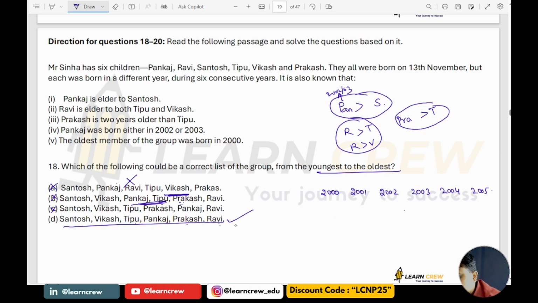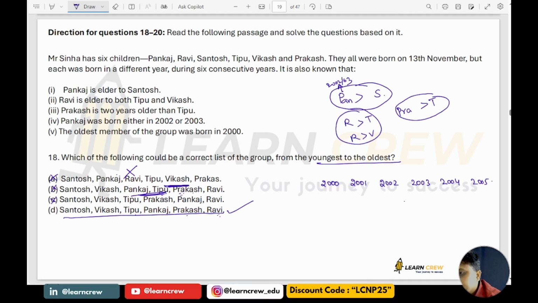Youngest to eldest: youngest is Santosh and eldest is Ravi. So options A, B, C cannot be the answer. Pankaj is elder than Santosh, satisfied. Ravi is elder to both Tipu and Vikash, satisfied. Prakash is 2 years older than Tipu, satisfied. So all the information is satisfied in option D. So I will go with option D.